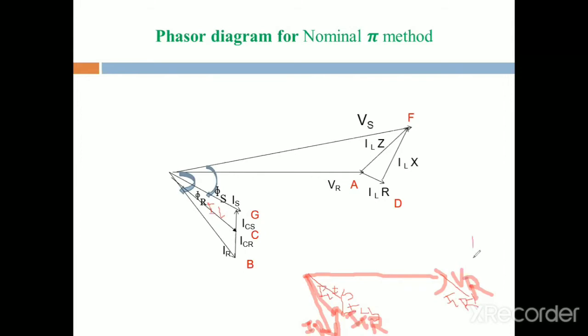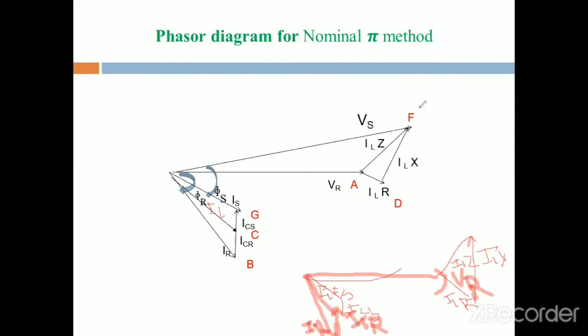At an angle of 90 degrees, we obtain the reactance drop, that is ILX. By adding these, we obtain the ILZ. This is the impedance drop.